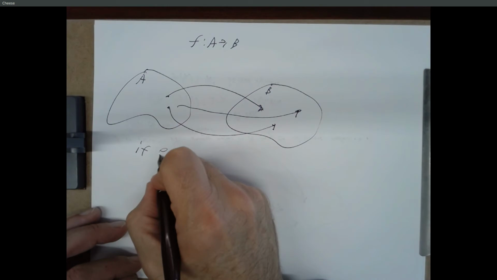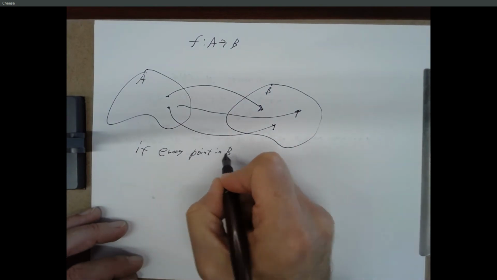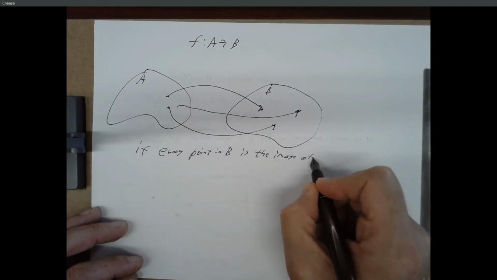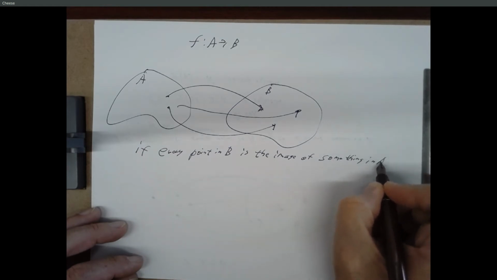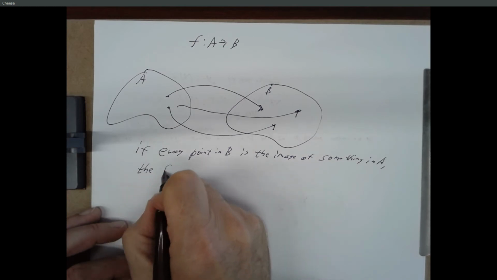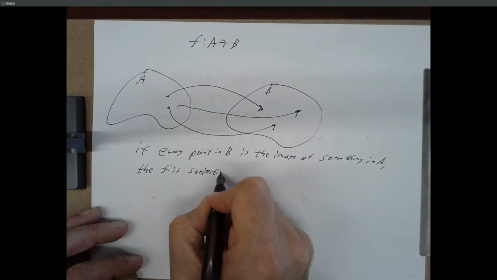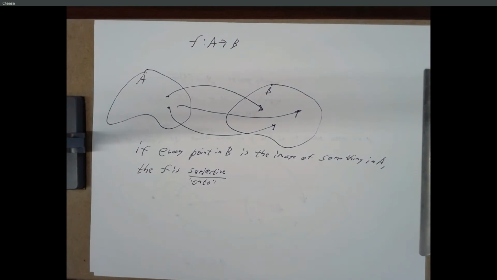Okay, if every point in B is the image of something in A, then we say f is surjective, or we say it's onto. So surjectivity means everything on the right-hand side gets mapped to by something. Everything on the right-hand side has an arrow pointing to it.